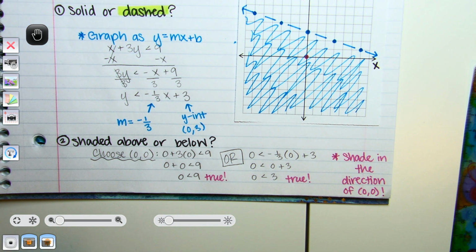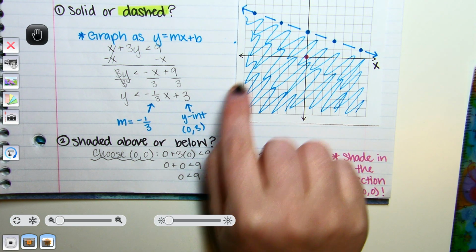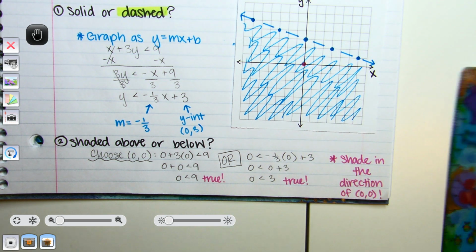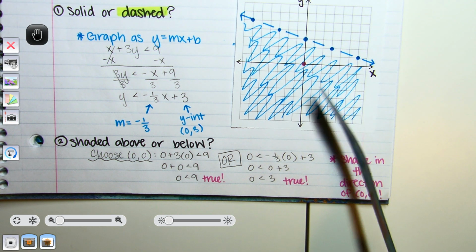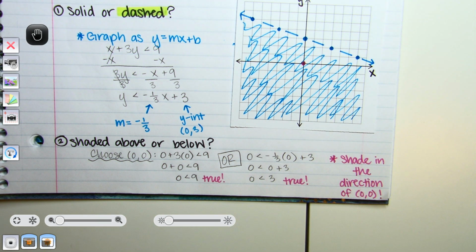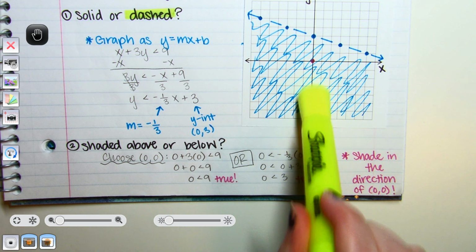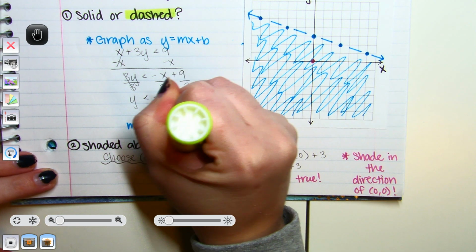So if you are one of those people who like shading it in perfectly to a T and filling every single little speck in perfectly, totally fine. If you prefer to do it like this, just make sure I can tell which side of the line it's shaded on. So last but not least, this is shaded here, which is below.